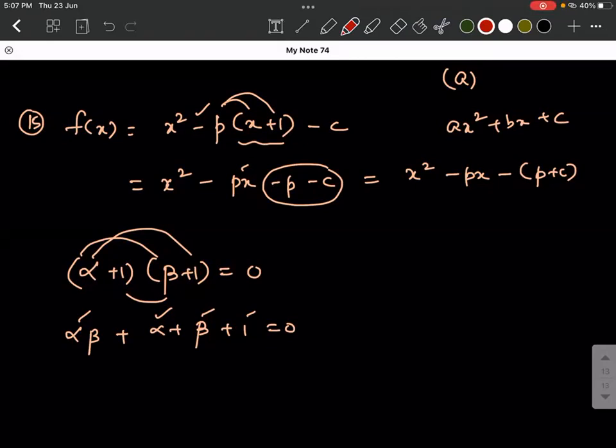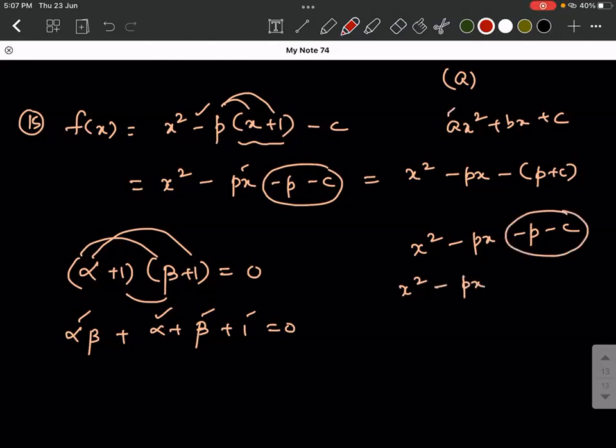I should have only x multiplied there. So that is why I wrote it as px minus of p plus c. Is that clear? x square minus px minus p minus c. So x square is standard form only because of ax square minus px, but this whole thing should be the constant. So I took that minus sign outside and wrote it as p plus c. That is some constant.